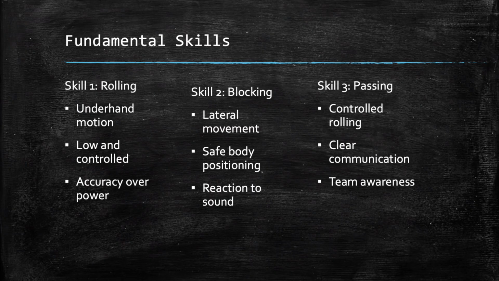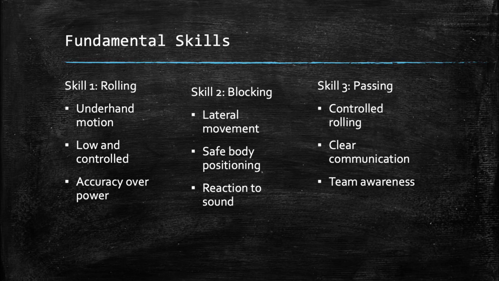The lesson focuses on 3 fundamental skills: throwing, blocking, and passing. In throwing, students learn an underhand rolling motion that keeps the ball low and controlled. For blocking, students practice lateral body positioning and safe floor movements to stop the ball.